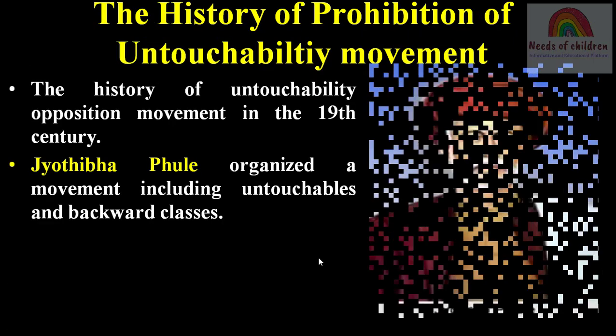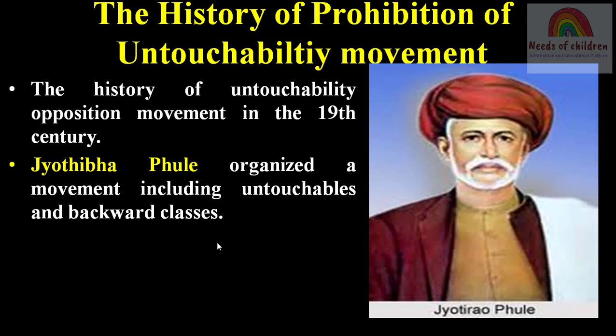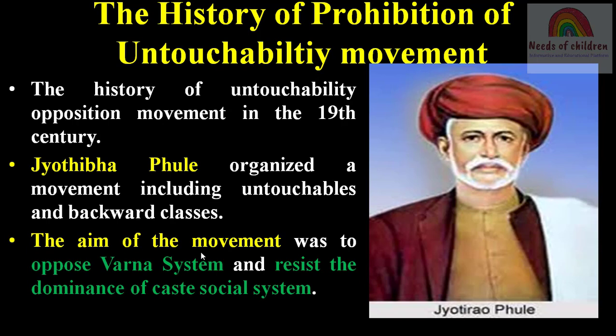So here is the history of the Prohibition of Untouchability movement. The history of the untouchability opposition movement in the 19th century. Jyotiba Phule organized a movement including untouchables and backward classes.